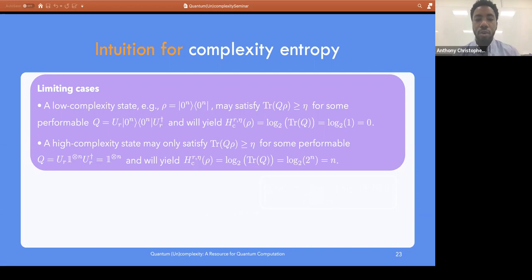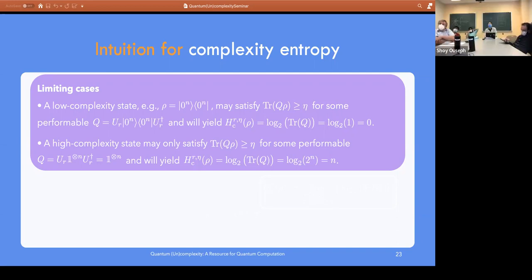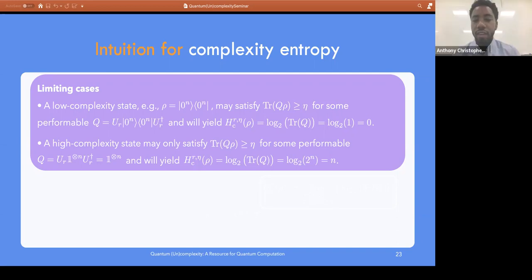And so the best Q that we can do will just be the identity operator, or the n-fold identity operator, perhaps we can think about it that way. Each of those qubit identity operators will contribute a factor of 2 to that trace. We get 2 to the n, and then the logarithm of that is just equal to n. So in the limiting case, the high complexity state will give us a complexity entropy of n.